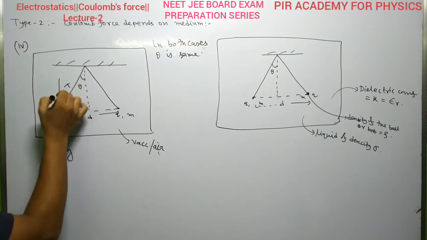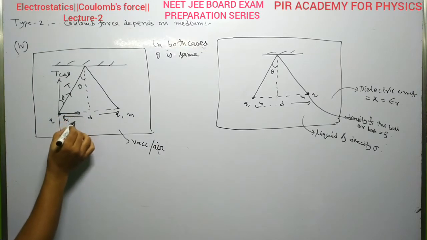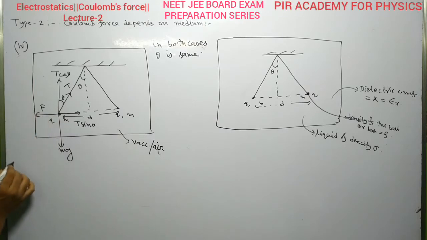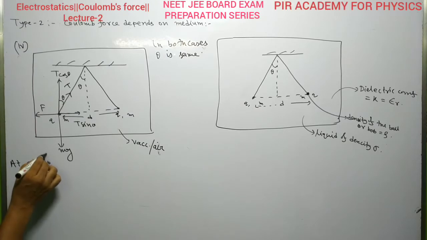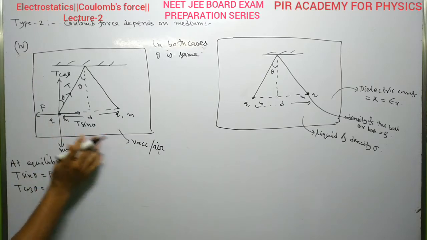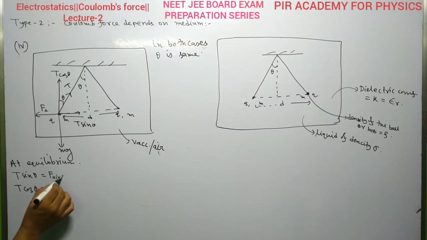Then the tension can be resolved: T cos theta, and along this direction T sin theta, and the force between the two charges is F. So at balance condition, or equilibrium, you can write T sin theta equals F, and T cos theta equals mg. Here it is vacuum, so this force can be written as F of air or vacuum.